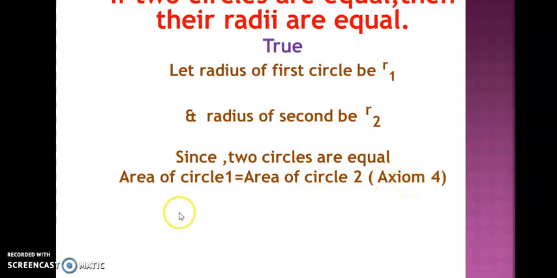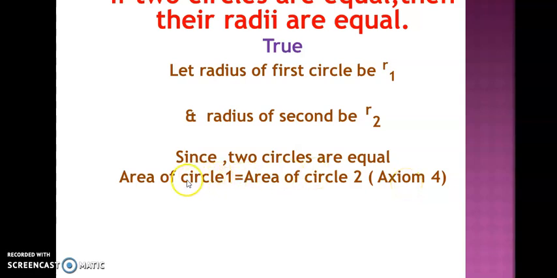Axiom 4 states that things which coincide with one another are equal to one another. If two circles are equal, what does that mean? They are identical, no? So they will coincide with one another. So according to Axiom 4, things which coincide with one another are equal to one another. Here I am taking area of circle 1 equal to area of circle 2 according to Axiom 4.